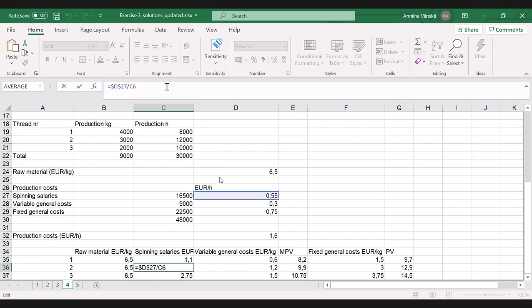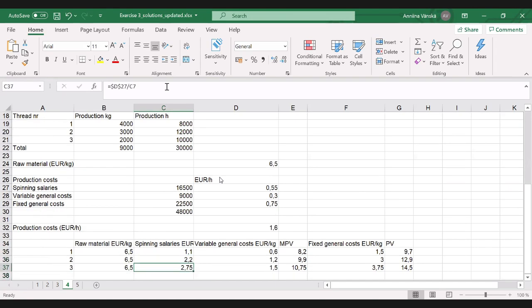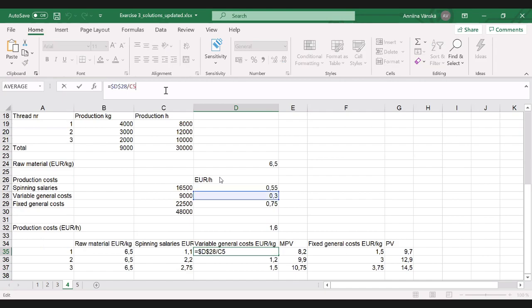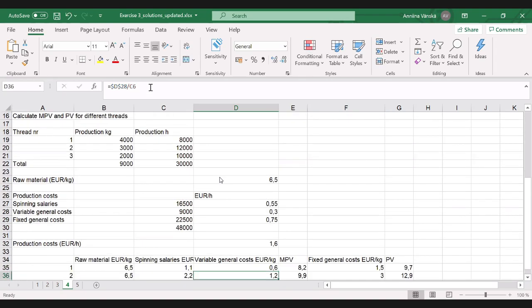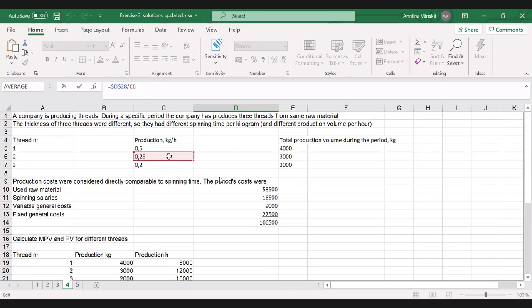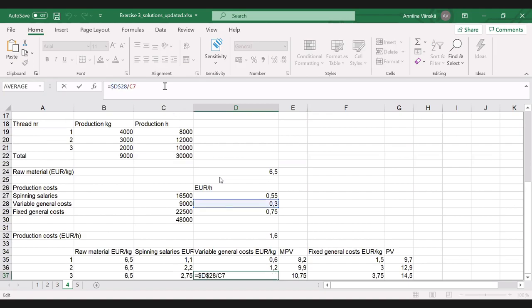So all the time the spinning salaries divided by the time needed. And that's how we get those euros. Then variable, so taking this 9,000 per the hours, so the 30 cents, and then divided by the time needed for that thread. And same thing for all the other threads as well.